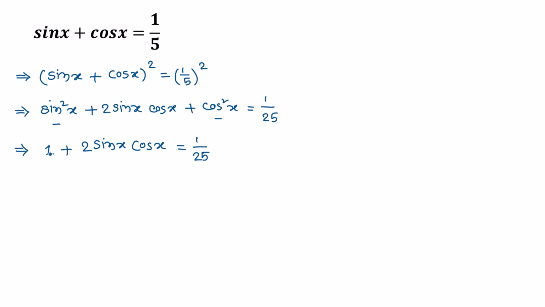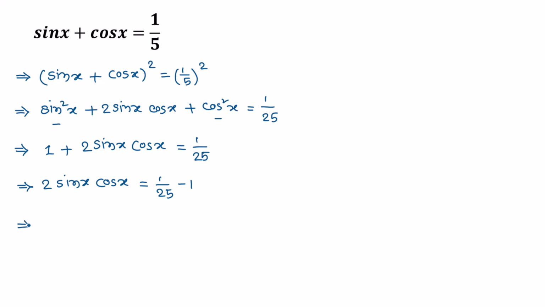Now taking this 1 to the right side, we will get on the left side 2 times sin x cos x is equal to 1 over 25 minus 1.